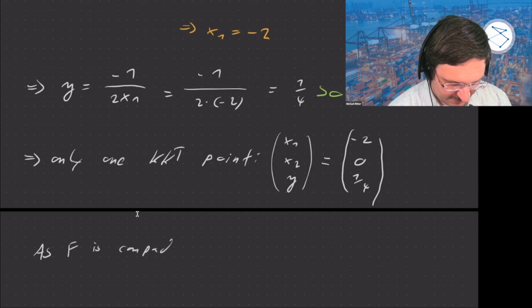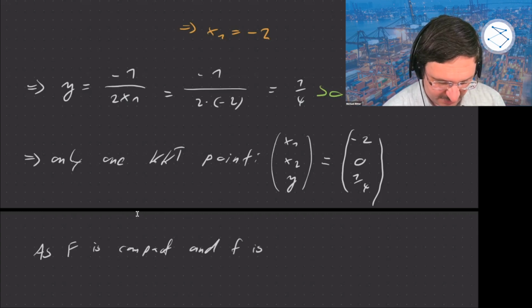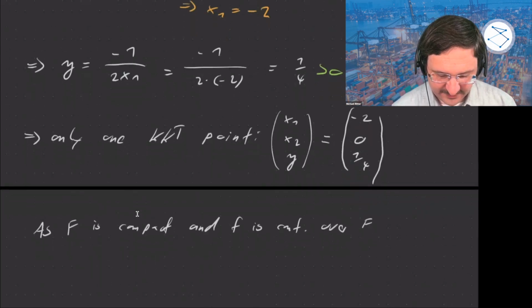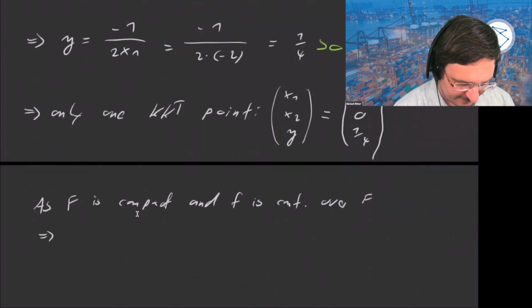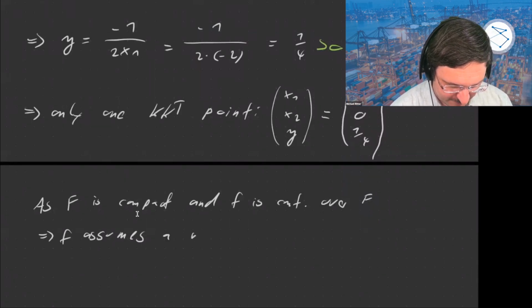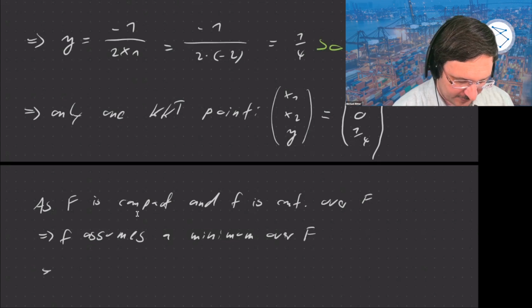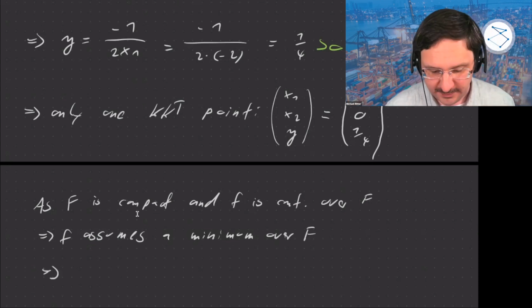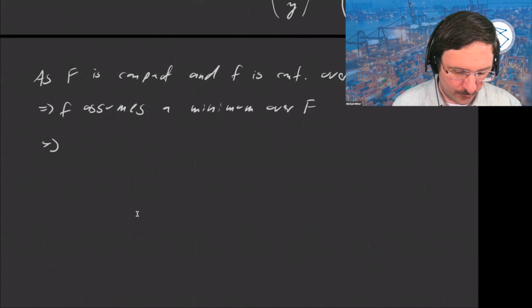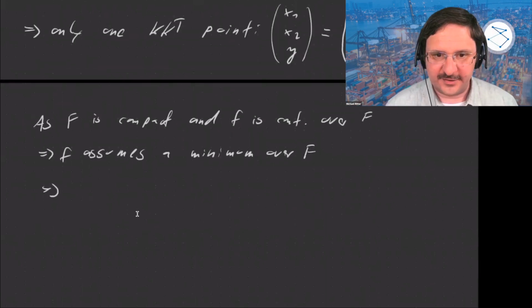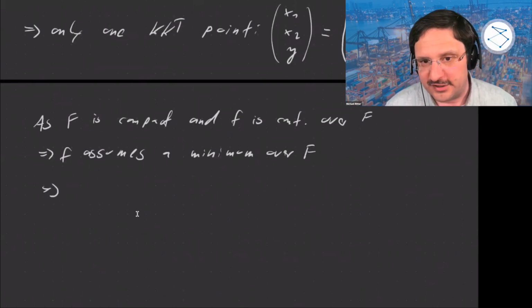As the feasible set is compact, and the objective function is continuous over it, that means it does assume minimum and maximum over the feasible set. So the only KKT point that we get must be a minimum. We don't have to do any more work to make sure that it actually is. It's the only possibility, and there must be at least one minimum.